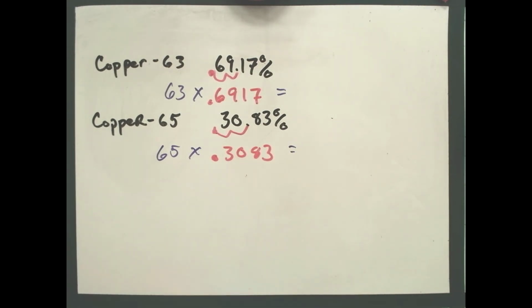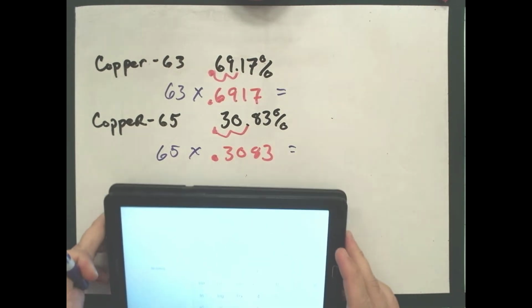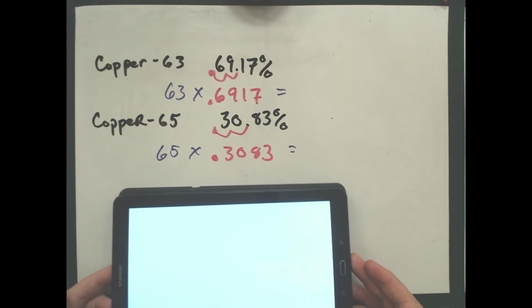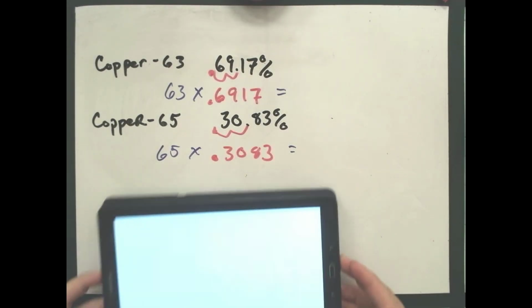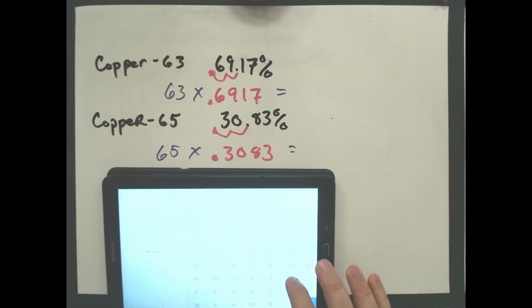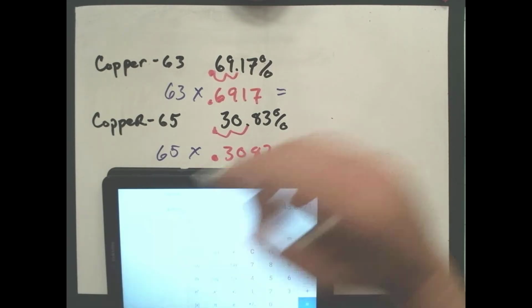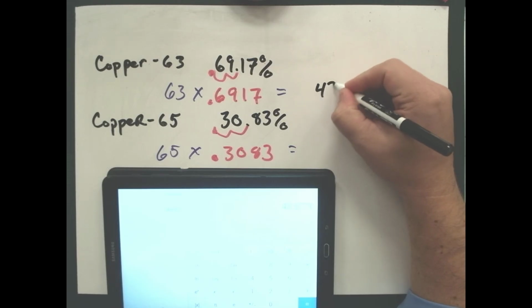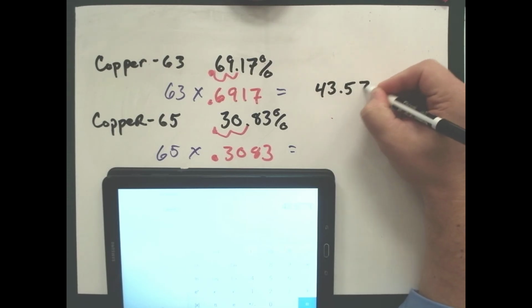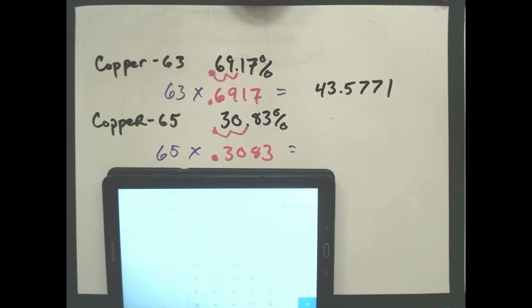So let's go ahead and use our calculator, which you can't really see, so I'm going to use it anyway. So I've got 63 times 0.6917 equals. Now my answer comes out to be 43.5771. That's what my calculator gave me.